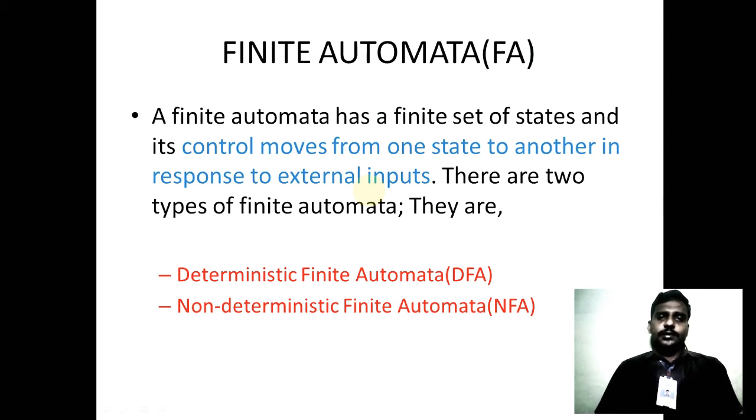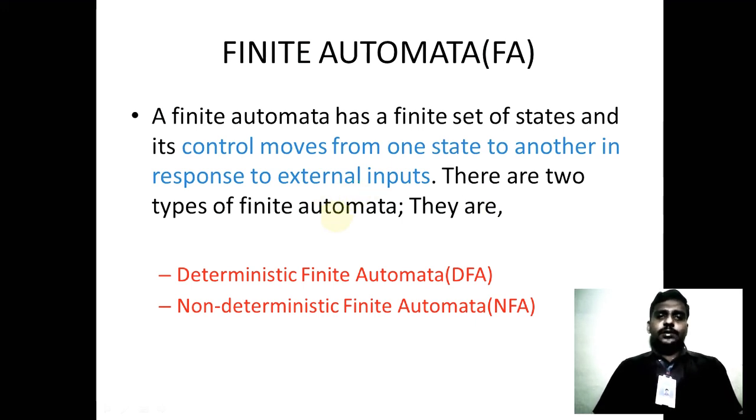Now it is in the on state. So I will go nearby the switch and do an operation, that is push. I will push the switch. So now the input is push. What is the current state? The current state is the on state. What is the goal state? It should be the off state. So control moves from off state to on state, or on state to off state, based on the external input push. Can you understand? Push.